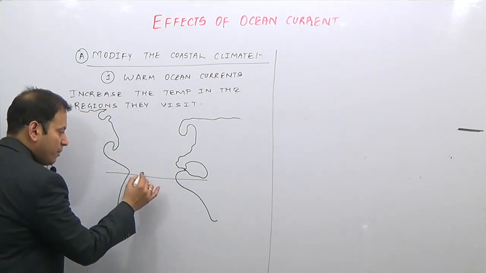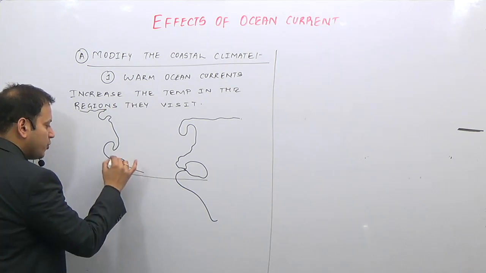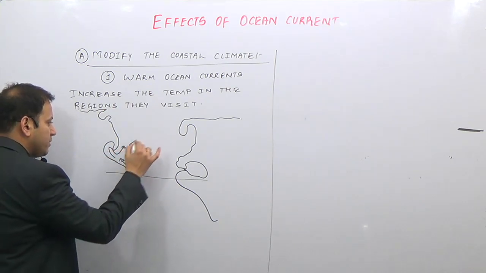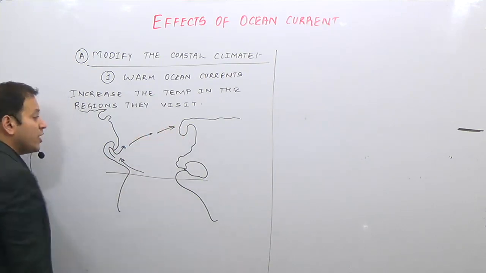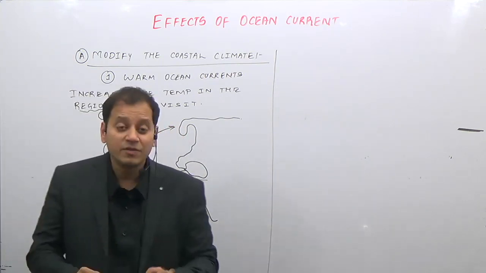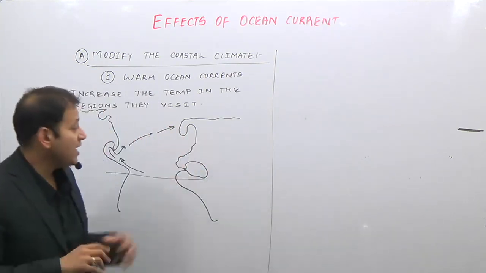The warm ocean current which flows out of the Gulf of Mexico, then the Gulf Stream, goes to the northwestern part of America. Now see, this northwestern part lies in the higher latitudes.